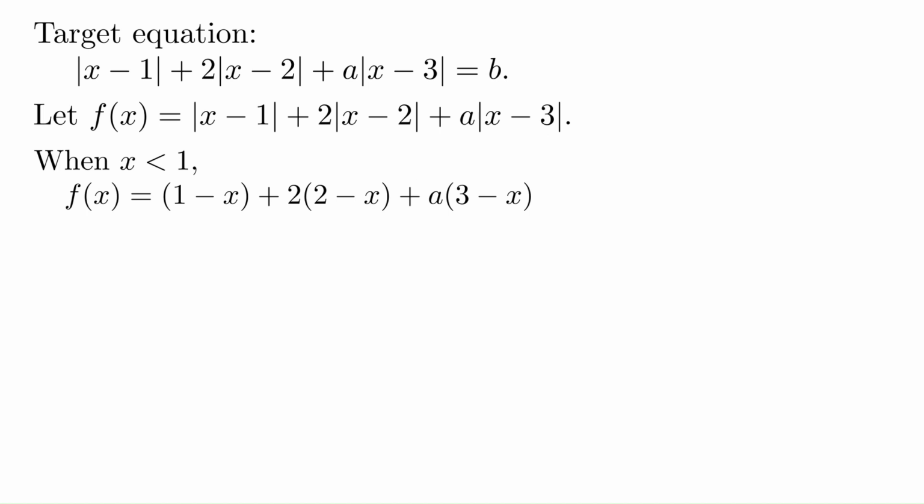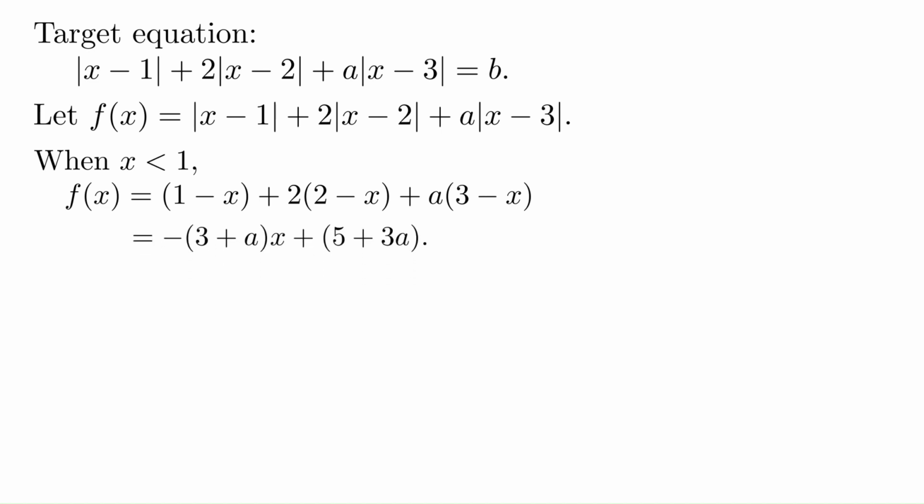First, when x is less than 1, in this case, x minus 1, x minus 2, and x minus 3 are all negative. So their absolute values would be 1 minus x, 2 minus x, and 3 minus x respectively.